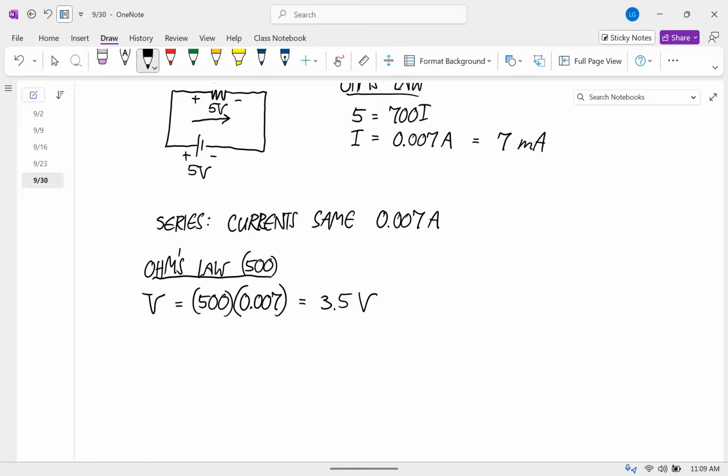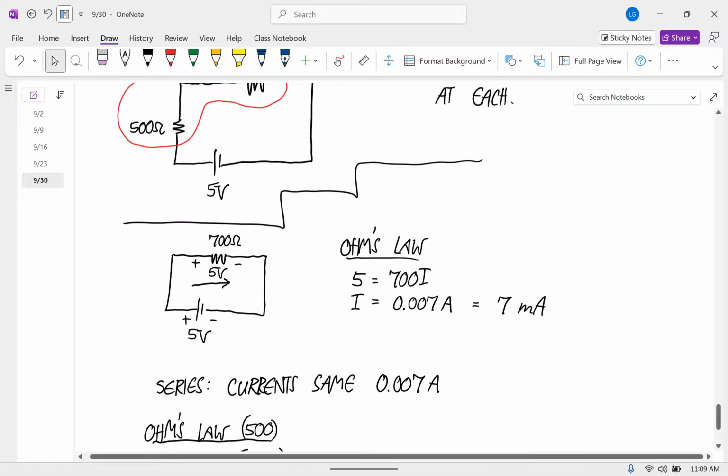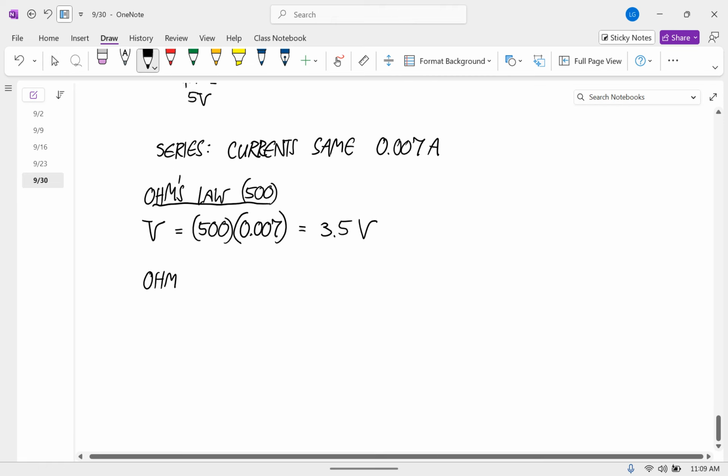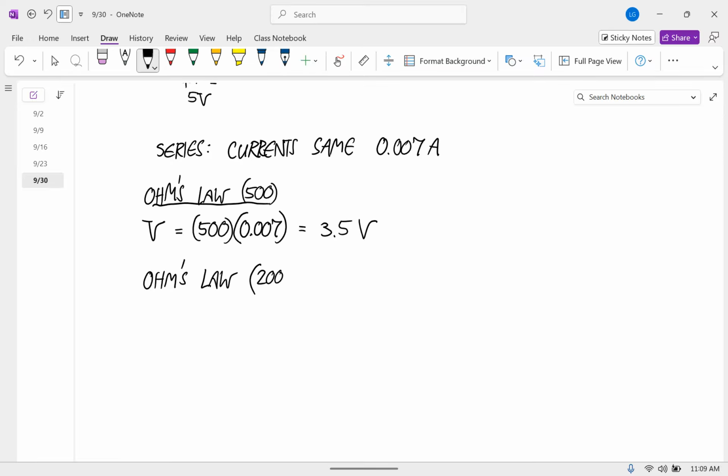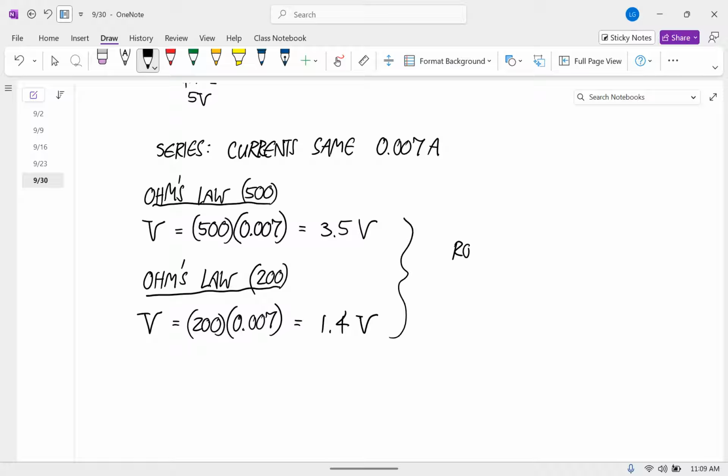Now we can do the same thing for the 200. The voltage is equal to 200 times 0.007. And that is 1.4. That's round off error; they should add up to 5.